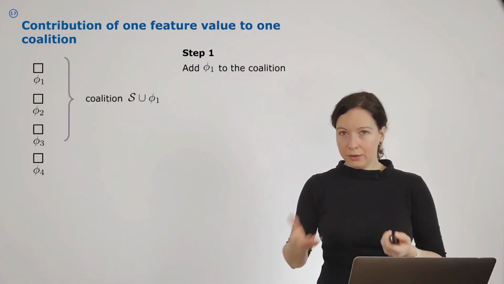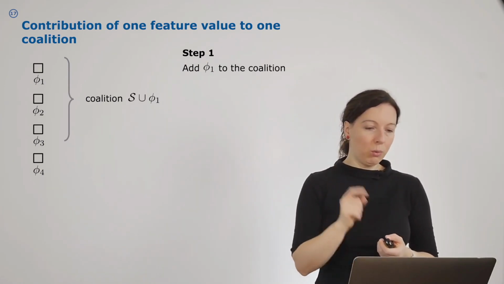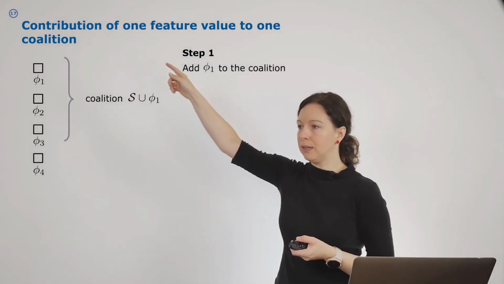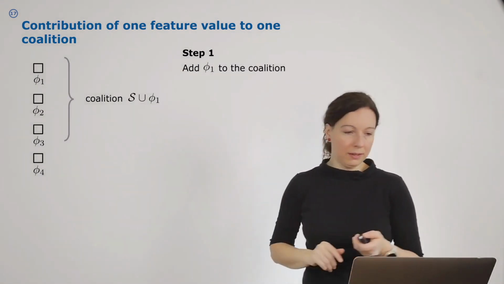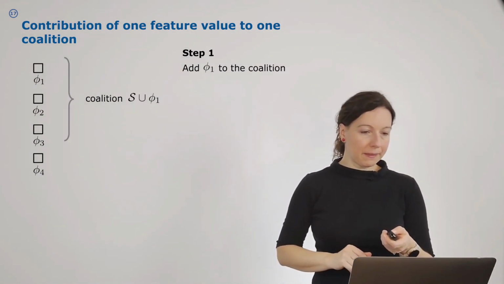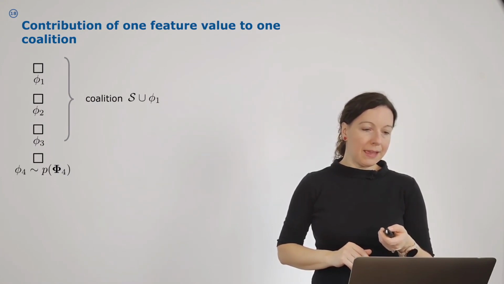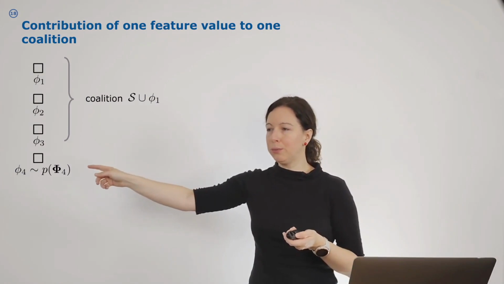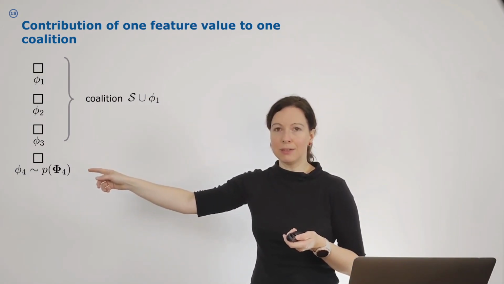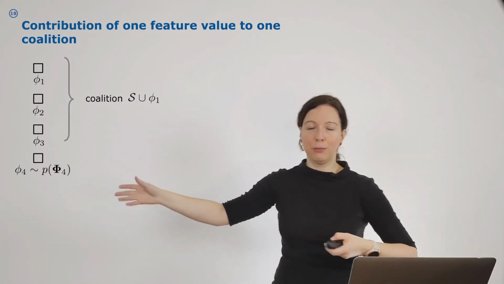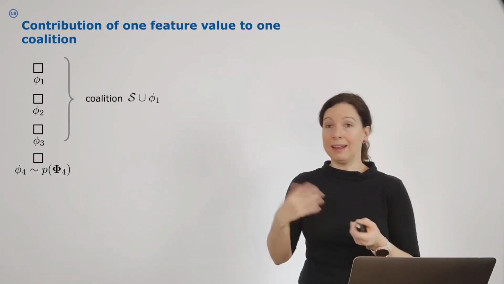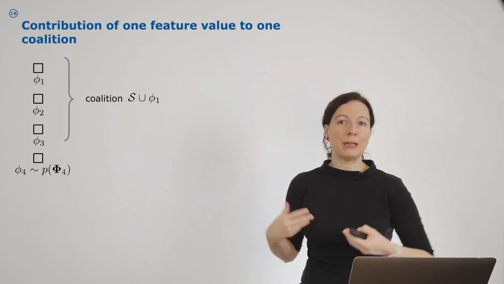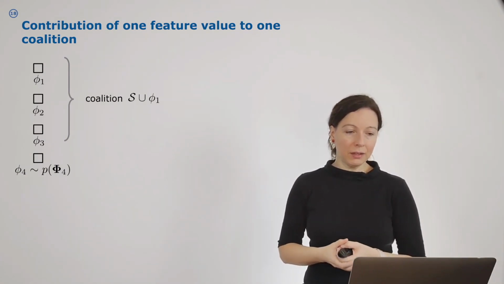So what are you going to do? First of all, step 1 is you add phi 1 to the coalition. So now your coalition contains 3 features. And so what's happened now is, what do you do with phi 4? It's outside the coalition, but somehow you need to compute an output. You cannot leave it away. So you need this marginalizing out procedure.